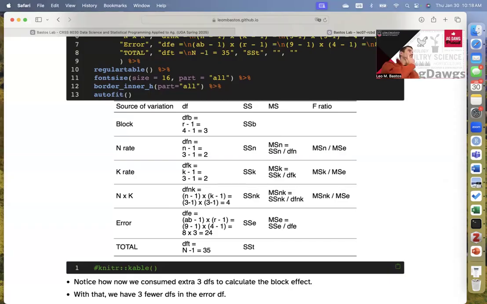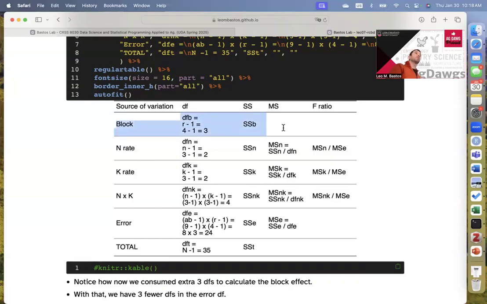So I want to pose you a situation here. If you did not watch the CRD lecture, or maybe if you're not familiar with it, I'm going to give you one spoiler here: one of the differences in the model, and therefore in the ANOVA table, between a CRD and an RCBD, so we're looking at RCBD right here, is the block effect.